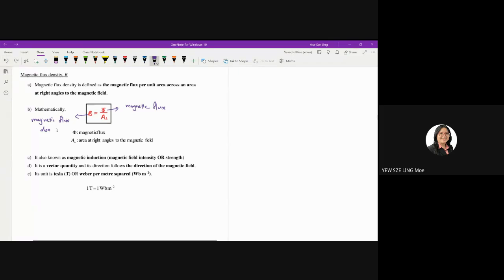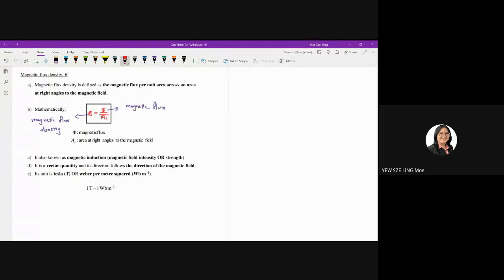So both of them have the name magnetic flux in it. So be extra careful. Don't use the wrong equations. So there is a symbol for magnetic flux, and then a symbol for magnetic flux density. Two different symbols. So you take note first, you write it down.